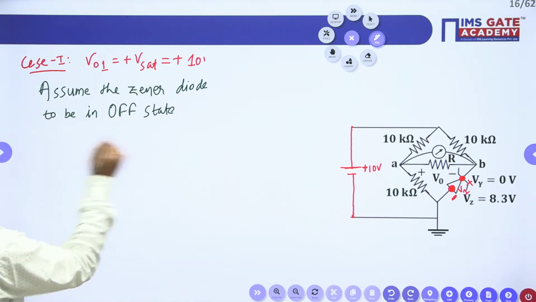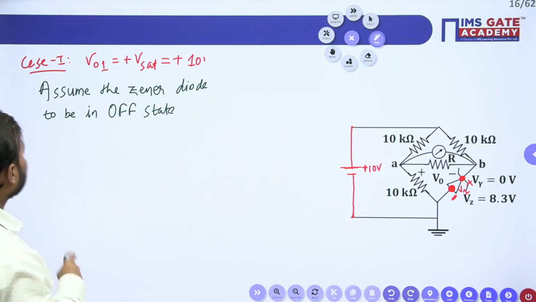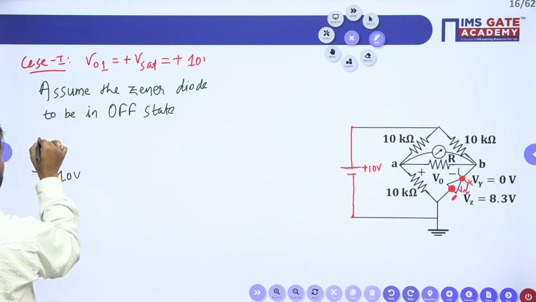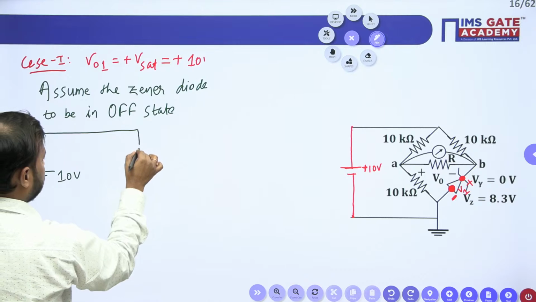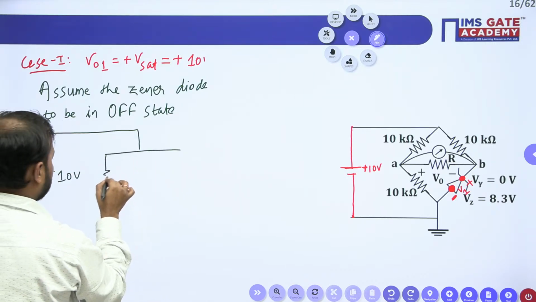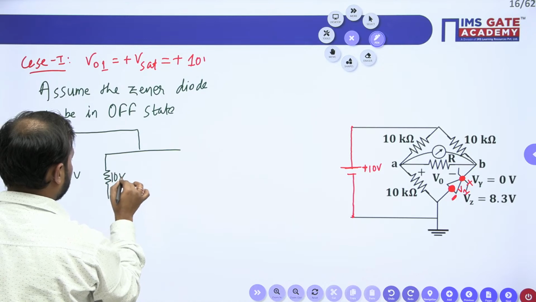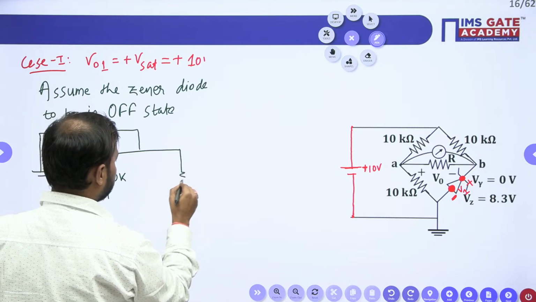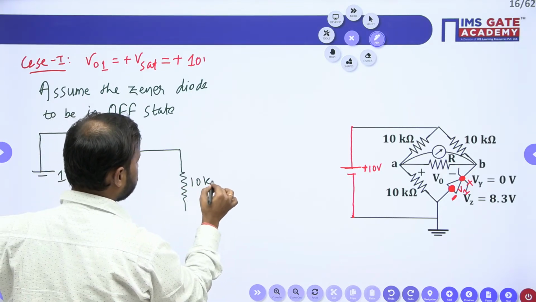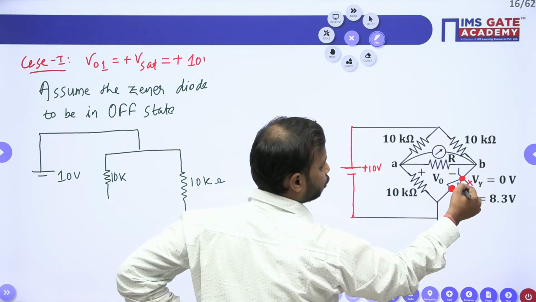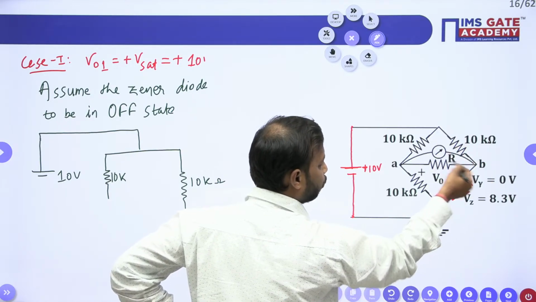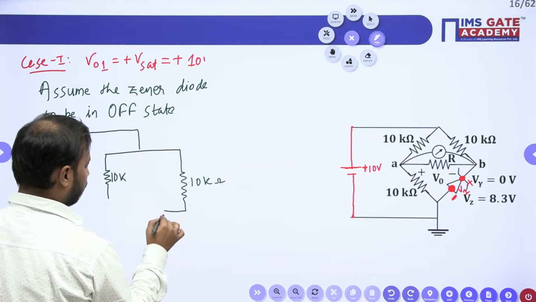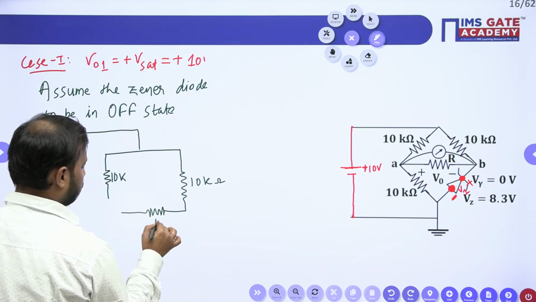Now for that, let me simplify this diagram into a simpler manner. See, this is 10 volt. This is 10 kilo ohm. And this is open. So whatever current will come from here, it will enter into this R. So this 10 and R will be in series.